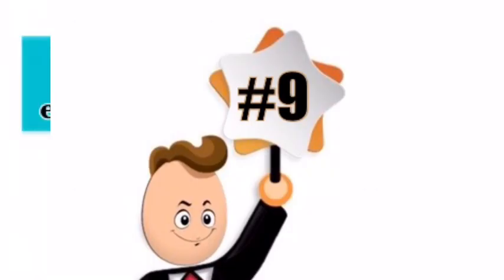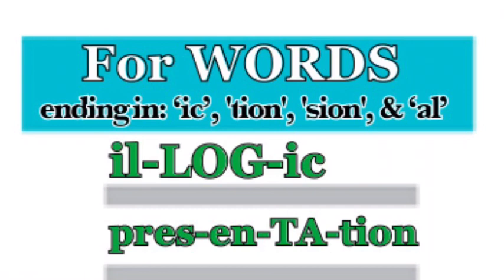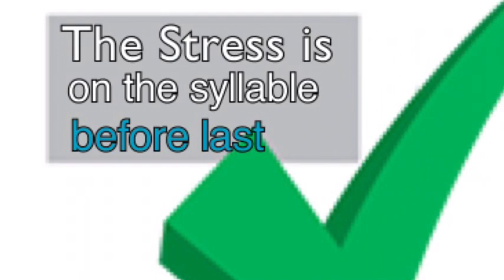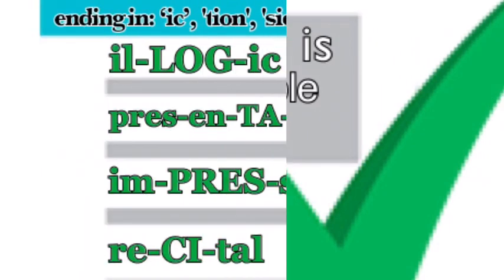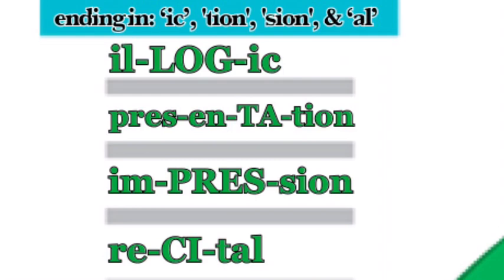Tip number 9. Now, for any word, regardless of the number of syllables, if it ends in ic, tion, sion, and sometimes al, the stress is on the syllable before last. Examples: illogic, presentation, impression, recital.